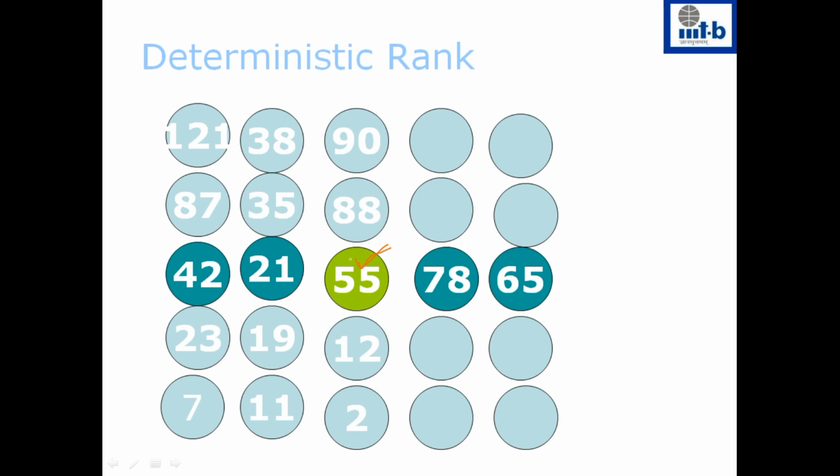Now we will argue that the median of medians, this 55, will be a good pivot. Let's say I divide this into 4 blocks. If you look at any number in this block here, it will be smaller than 55.